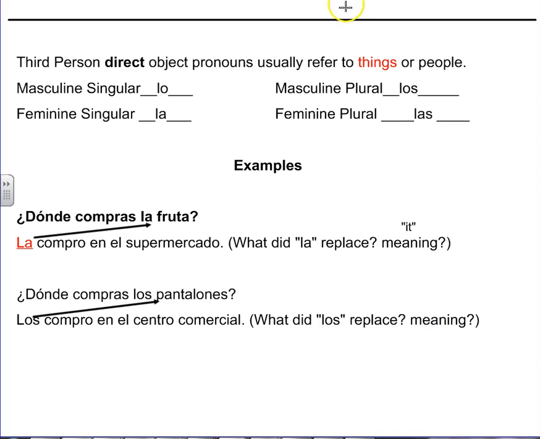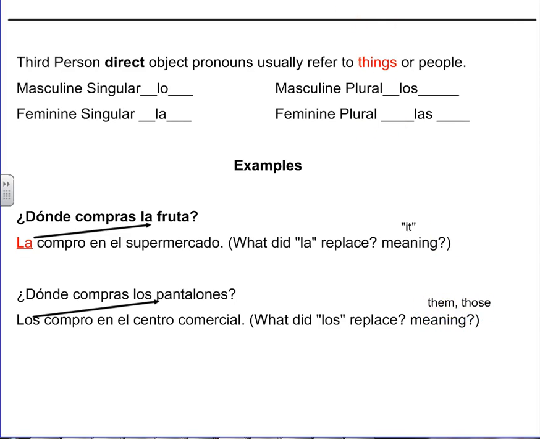Now, what does it actually mean? Okay, it's more than one it. So we would say, I buy them in the mall. Okay, so it can be like them, those. Okay, those kind of meanings with more than one thing.